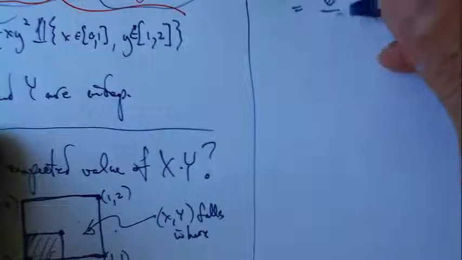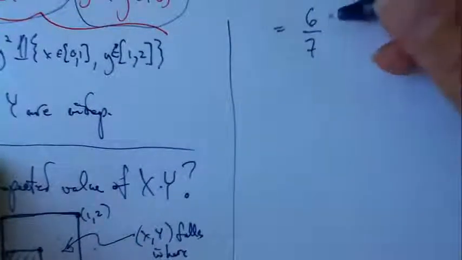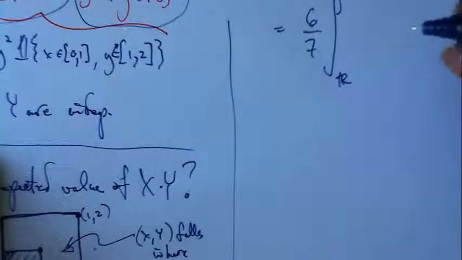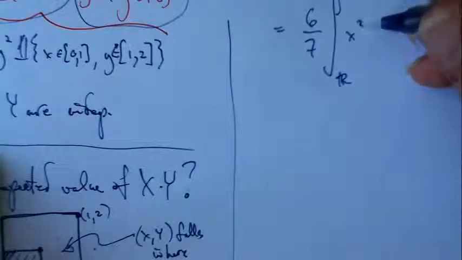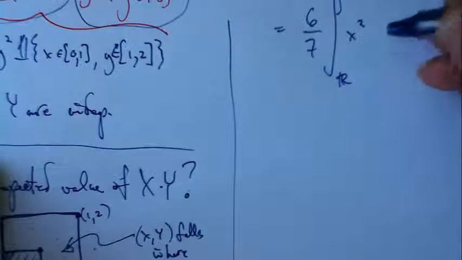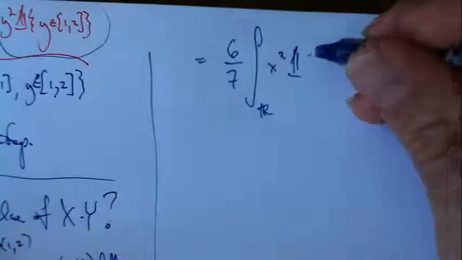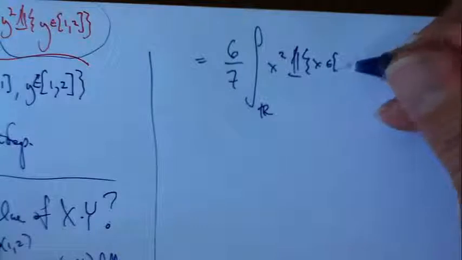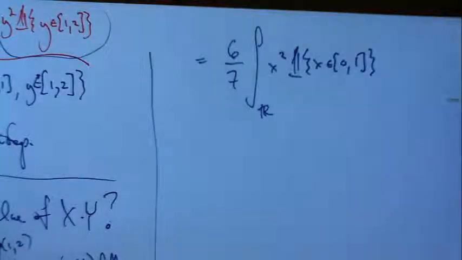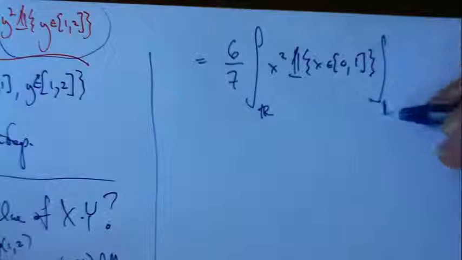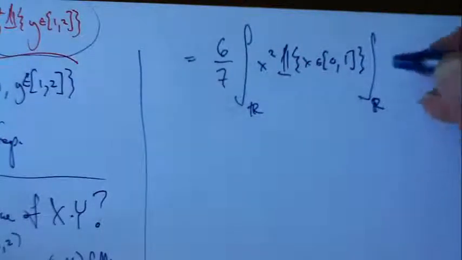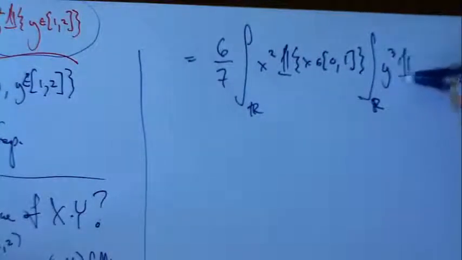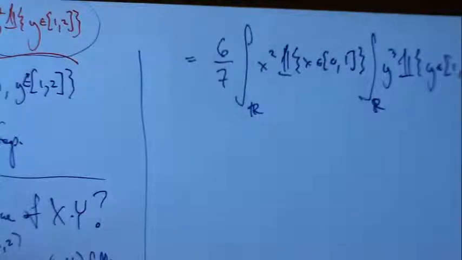So I'll pull the 6/7 all the way out. I'll have 1 x, 2 x's, so I've got an x squared there. And I can pull that indicator function stuff with the x in it out, times the integral over the reals of y cubed times the indicator that y is between 1 and 2, dy dx.